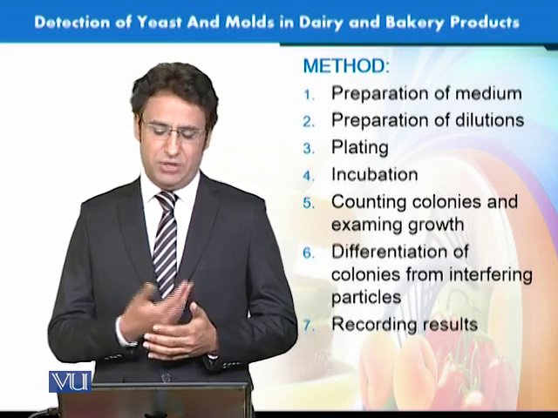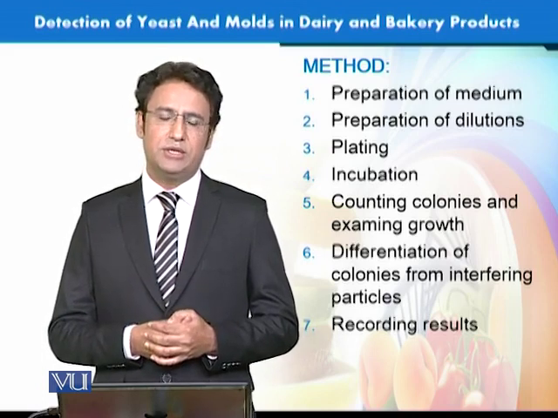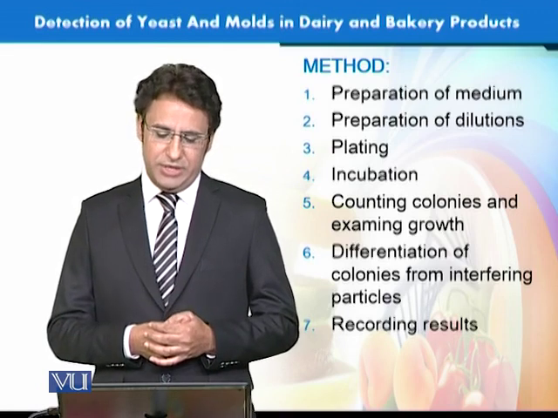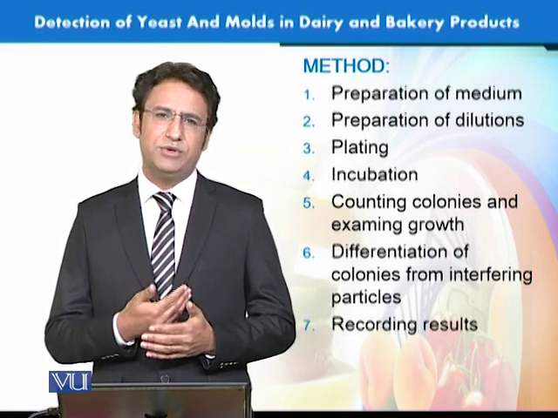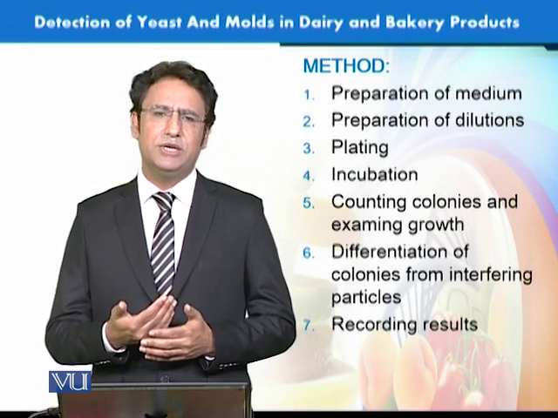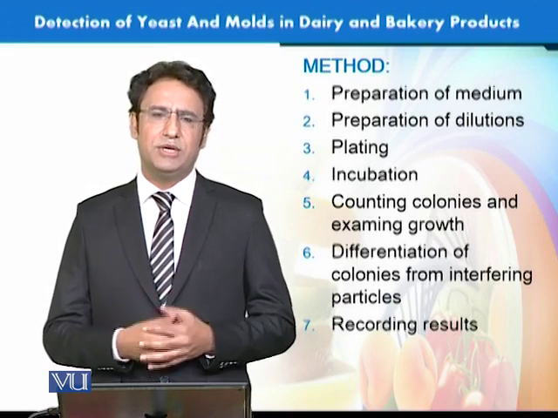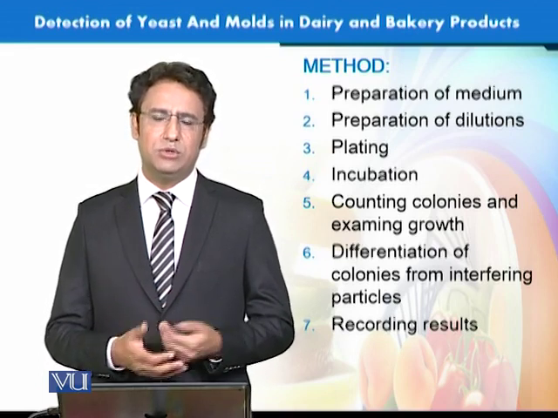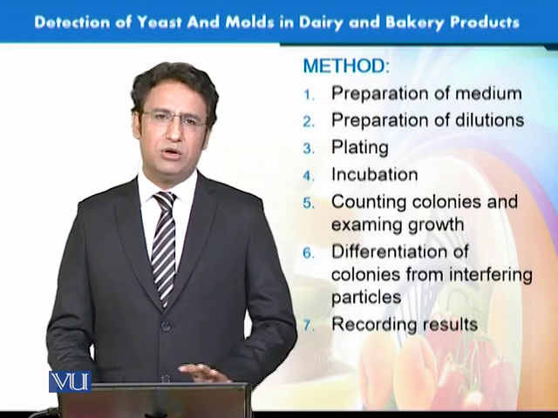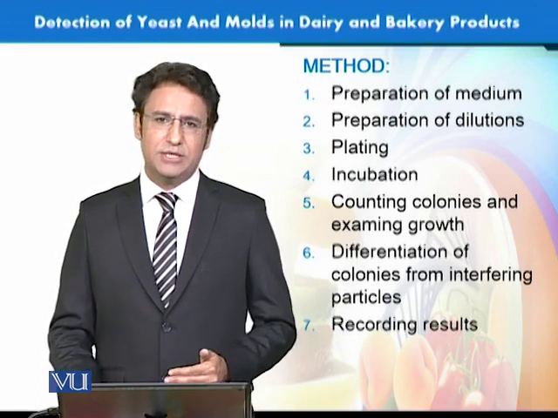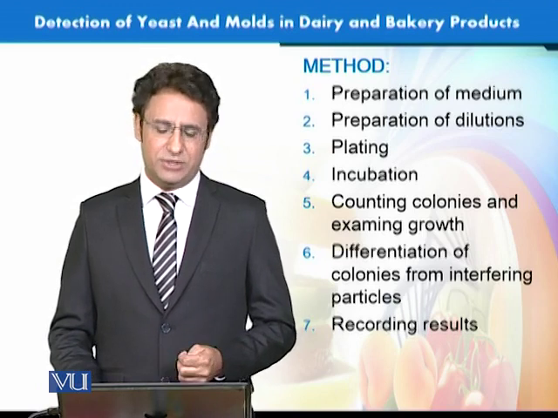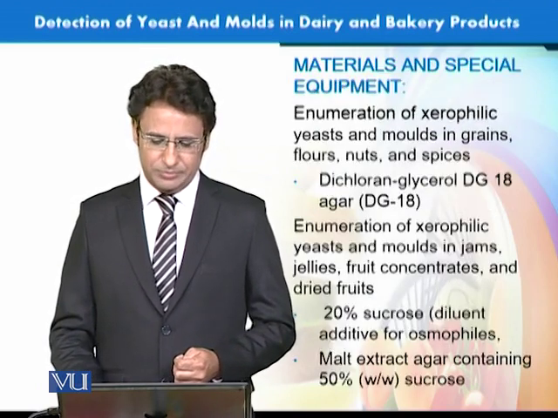After that we count the colonies and look at their growth pattern. These colonies are differentiated according to their morphology. We have to see whether they are yeast or mold, or what kind of mold they are, and then we record our results. So these are the steps in the method of detection of yeast and mold.